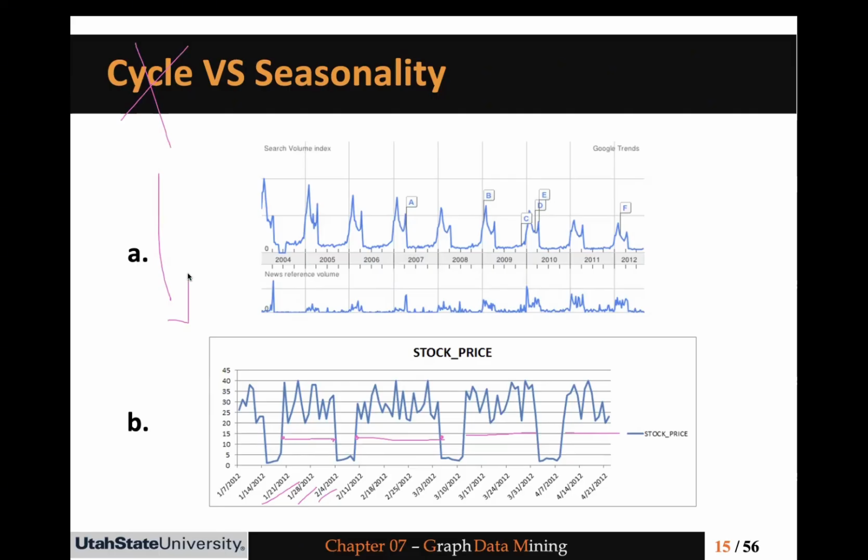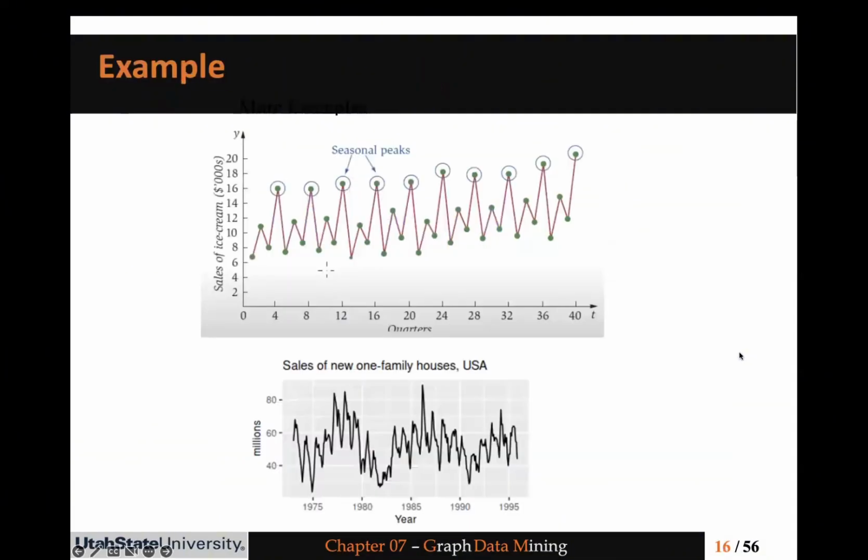We can simply say that we just have some repeating pattern in our daily stock price. Cyclicity, as I said, you should be very careful about the unit of time that we are using here. So this is not cyclic nor seasonal in our case. It is definitely not cyclic because within one day we cannot talk about cyclicity components.